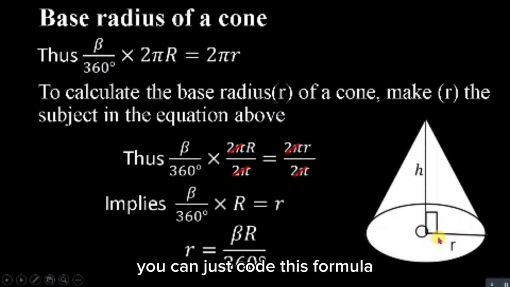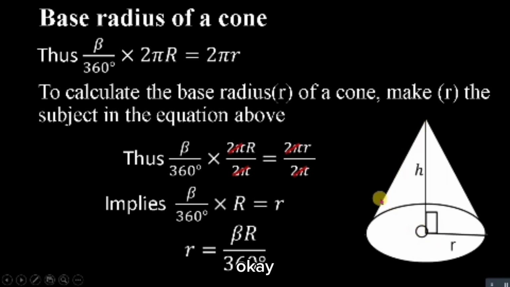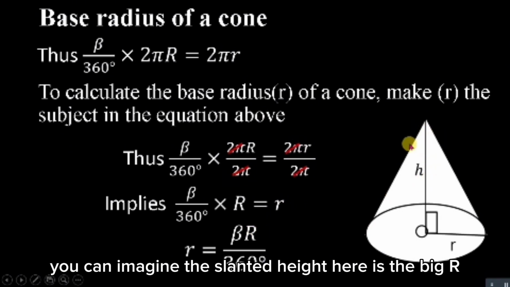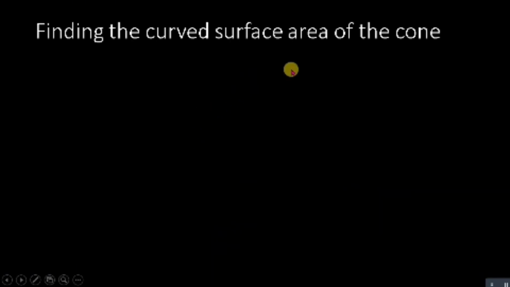Okay, all right, and easily as you can imagine, the slanted height here is the big R, and this is the angle here. Now, finding the curved surface area of a cone.